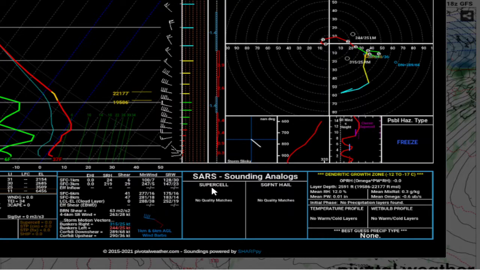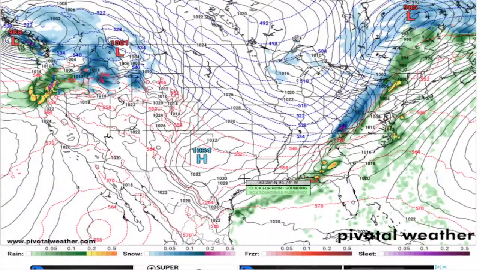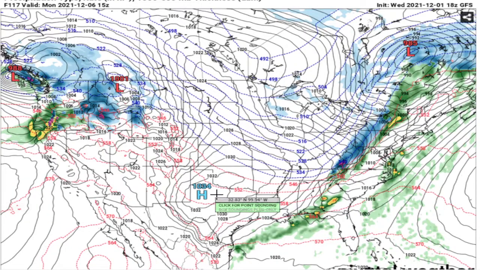So that's pretty cold for Texas. So if that happens, it's 37 degrees for Texas, and this is December 6th, 15Z. It's 10 a.m., probably 9 a.m. Central on Monday. So Monday morning, waking up a little chilly on that Monday.